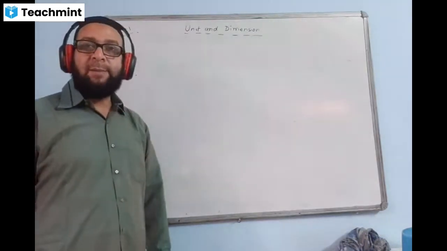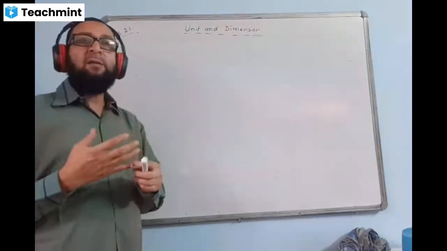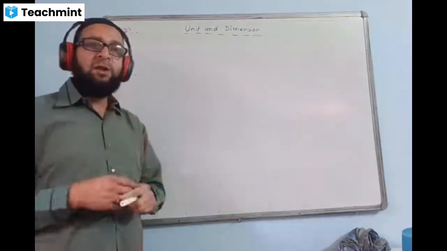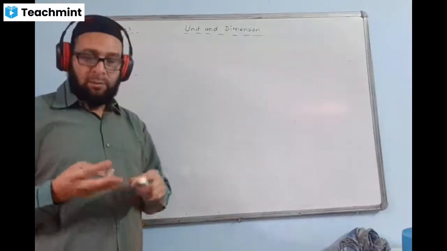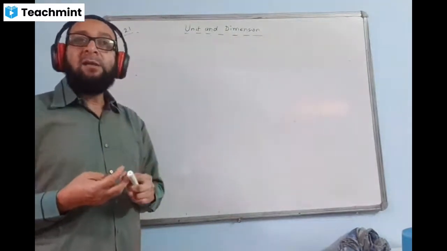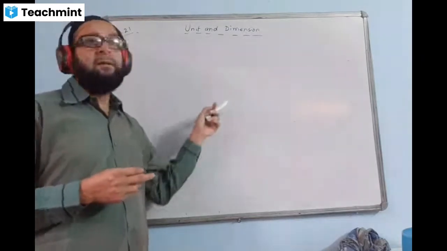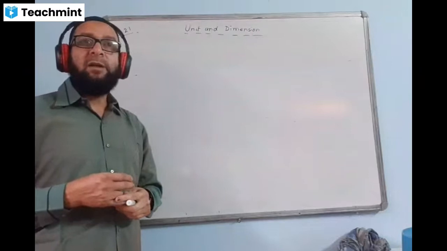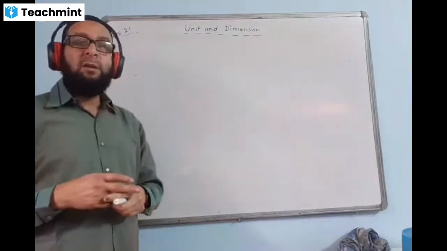It has got no dimension. Angles also have no dimension, because the angle formula is theta equals arc by r. It has no dimension but has a unit, radian or degree.